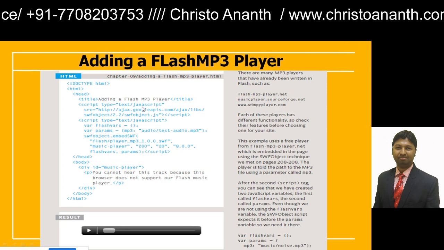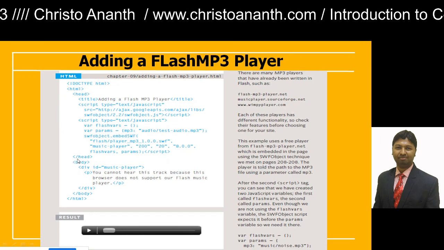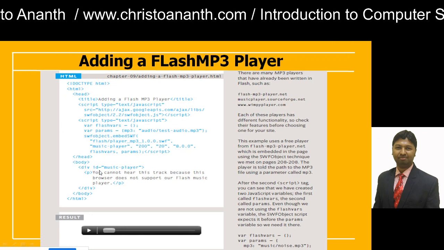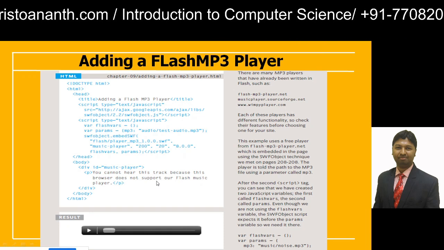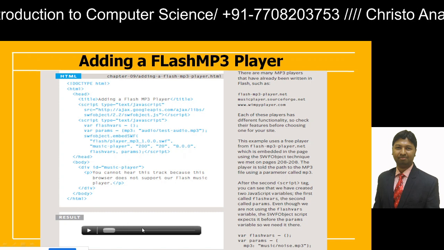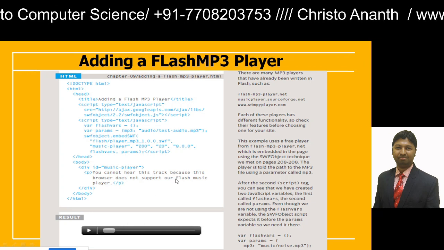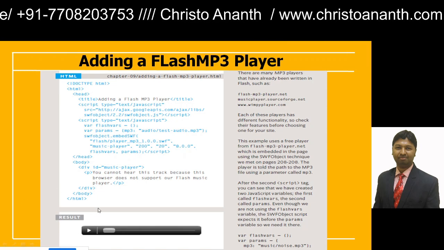The same thing we are trying to repeat, but in the case of slash head, we start with the body, div id music player. You cannot hear this track because this browser doesn't support a Flash music player. So if the format is not supported, you will see this message. If the format is accepted, then it will play the audio.